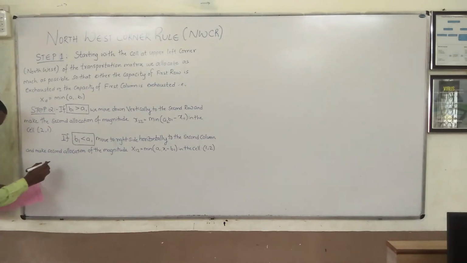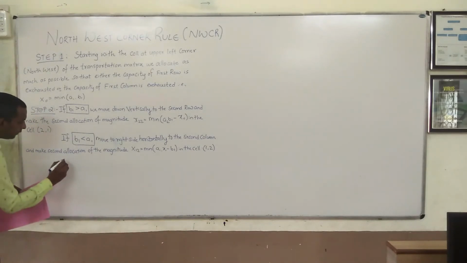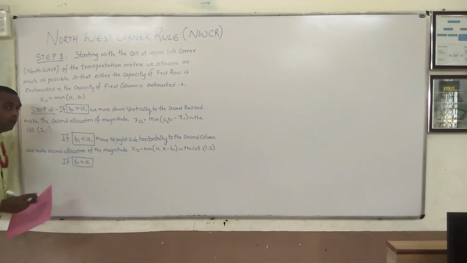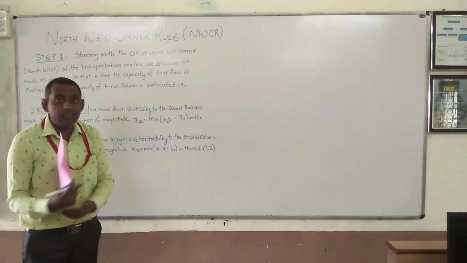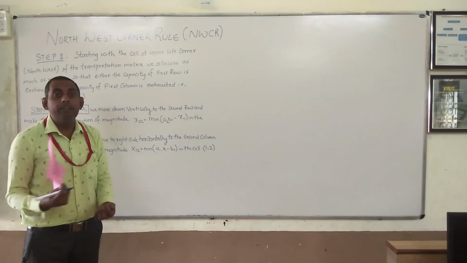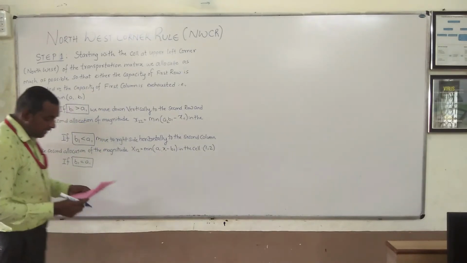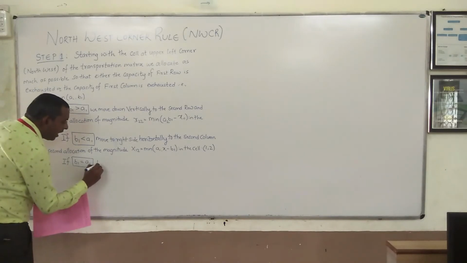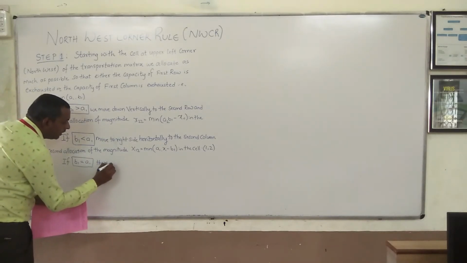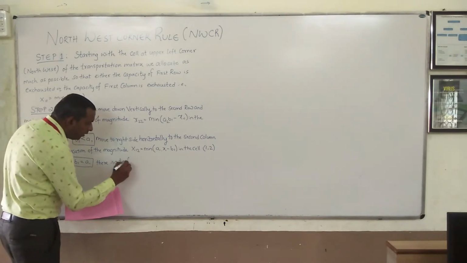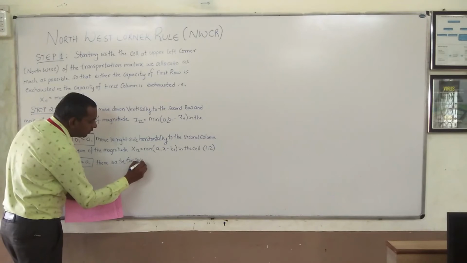So what happens if B1 is equal to A1? You may come across a case where both A1 and B1 are the same. In that case, there is a tie for the second allocation.